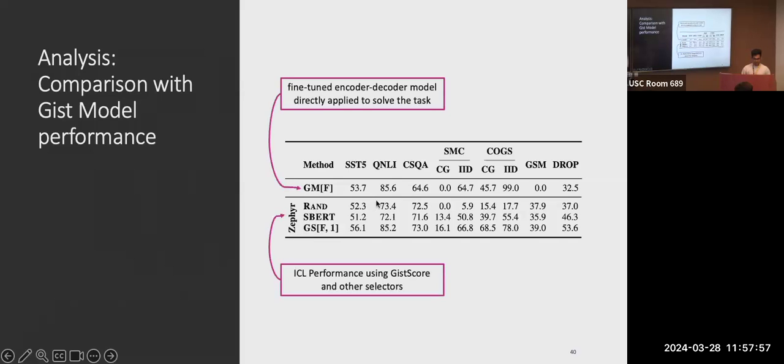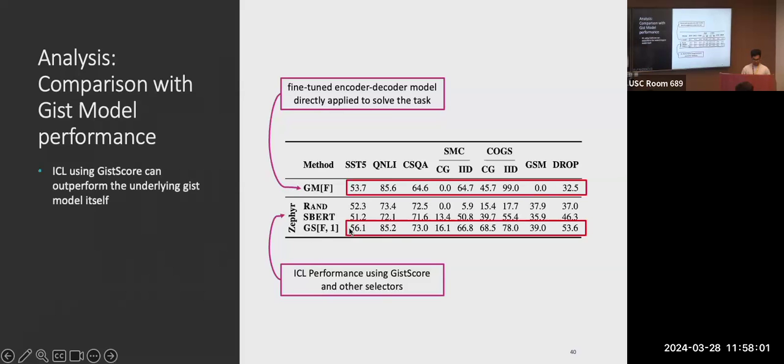The key finding is that ICL can often outperform the underlying fine-tuned model. Although in classification we found there is a really high correlation, for more complex tasks, or even classification tasks which are much harder, the language model can extract more juice out of those examples.